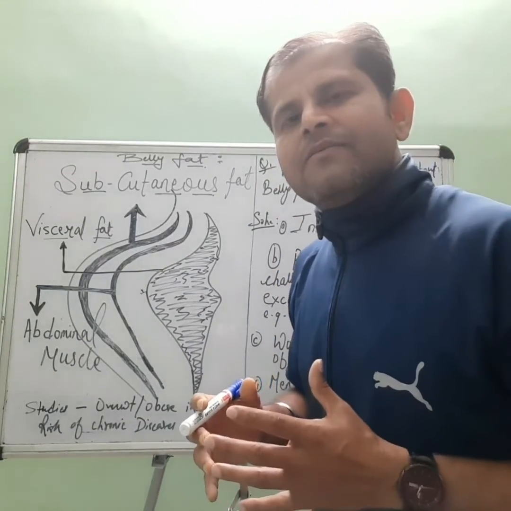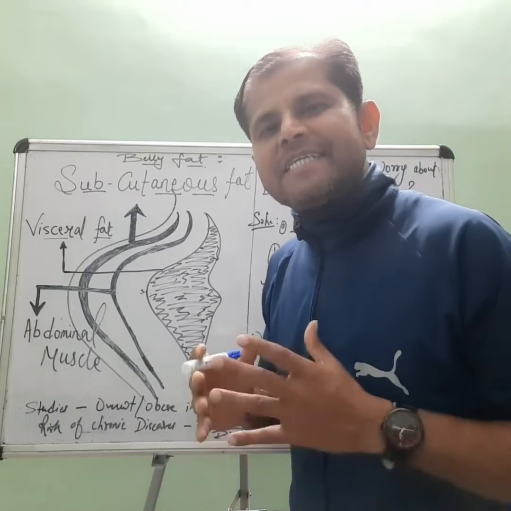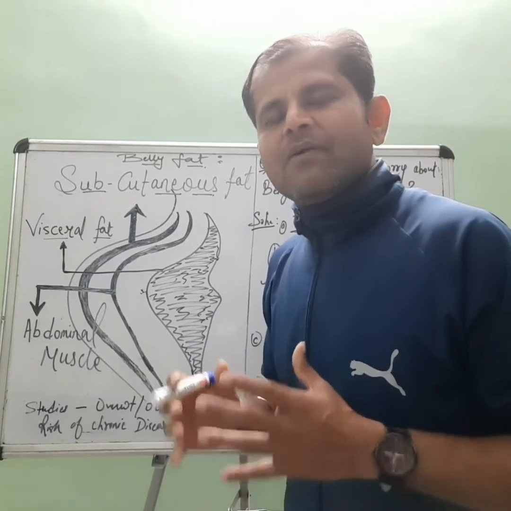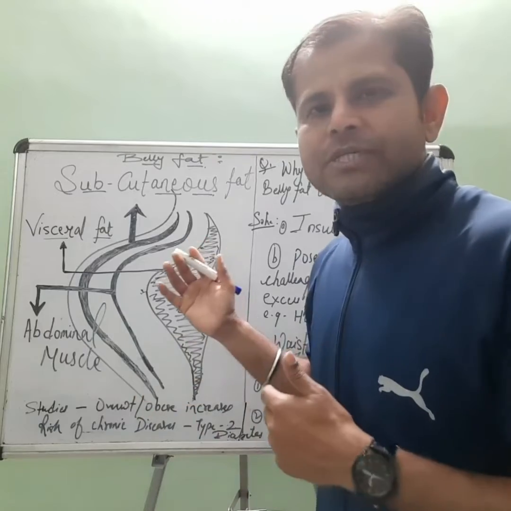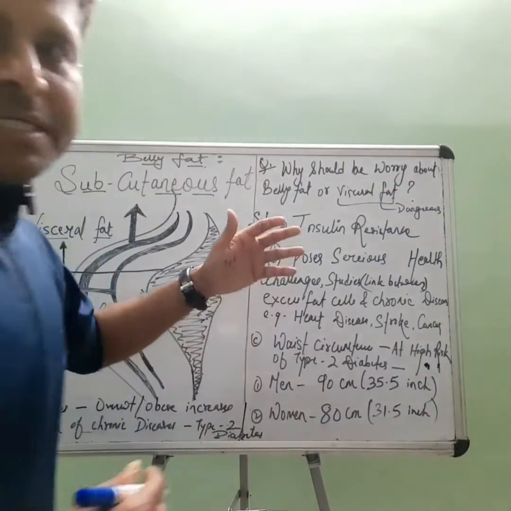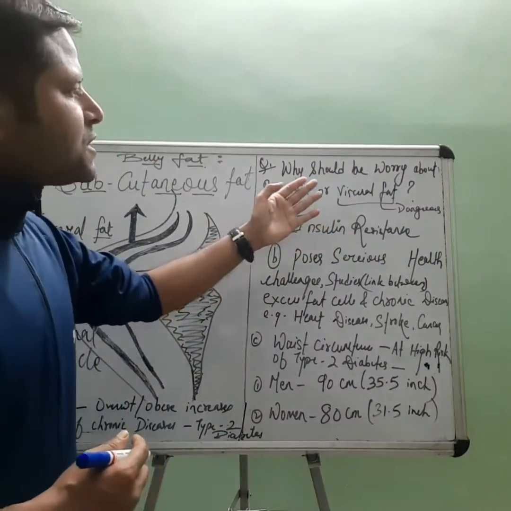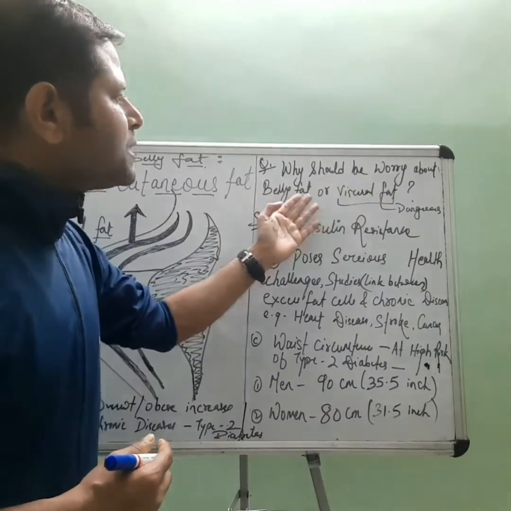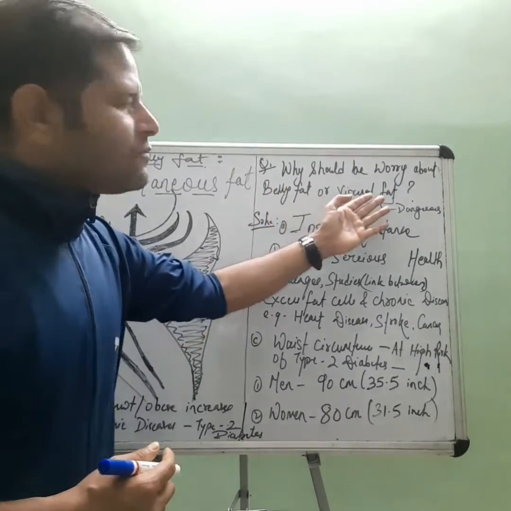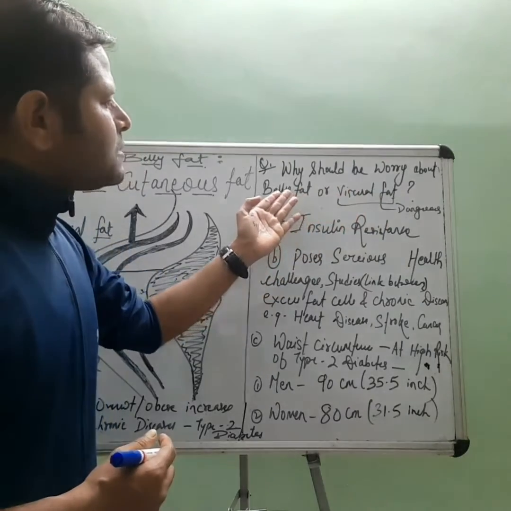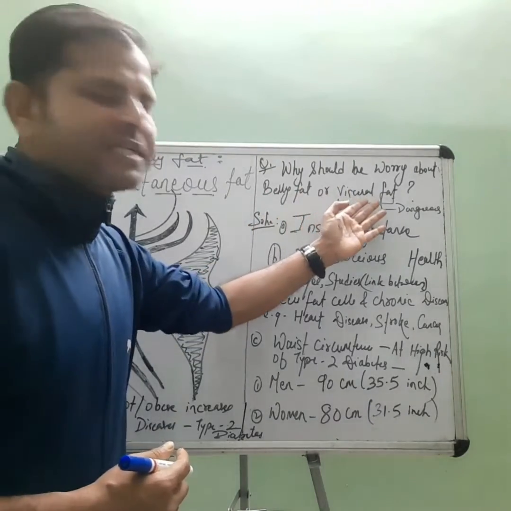Yes, we call it a lifestyle disease, that is type 2 diabetes. Now let us understand the other aspect of this. Why should we worry about belly fat or visceral fat? Friends, this belly fat is also known as visceral fat.